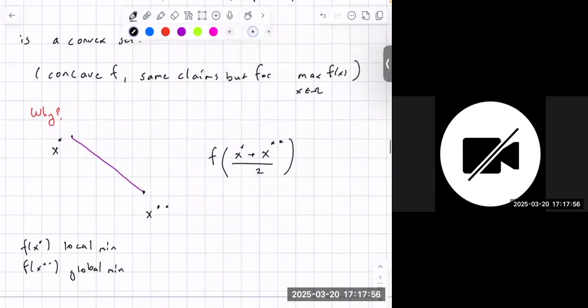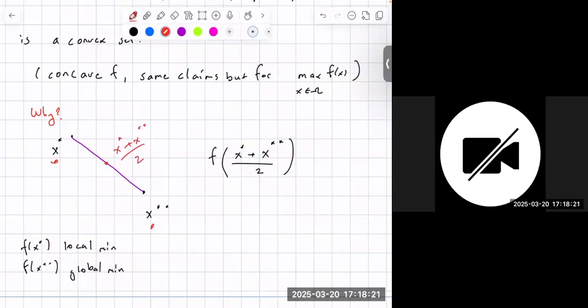And I was saying, why for a convex function does this type of super nice behavior happen? Let's try to understand. Suppose we don't know the fact, and we are thinking maybe there is a local minimum here and a global minimum elsewhere. Let's take the line segment between them and maybe even take the middle dot.